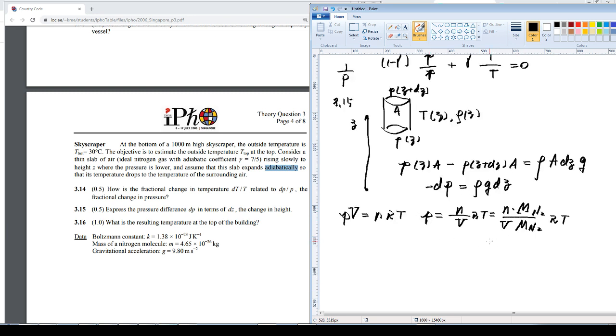You can get density out of the ideal gas law. So this becomes rho RT over the molar mass of nitrogen, which is 28 grams per mole. Therefore, density is PM over RT. So that's what we will put back into the pressure differential equation. Negative dP equals PM over RT g dz.